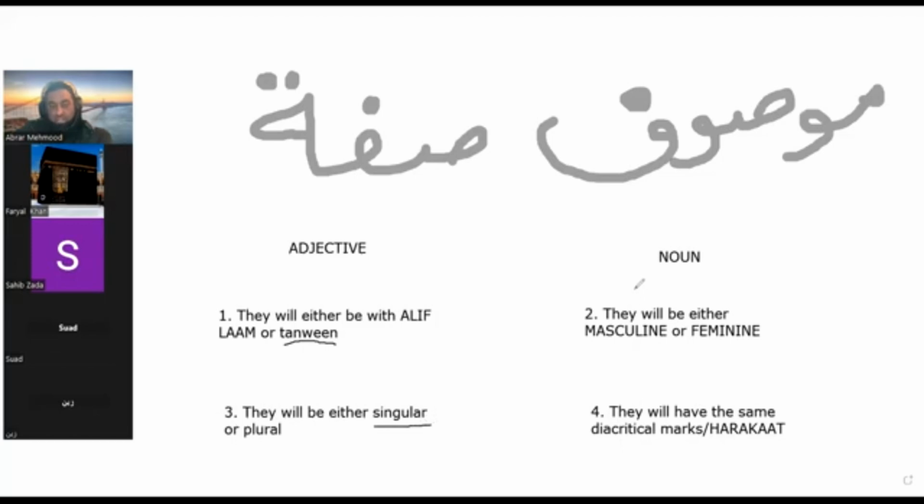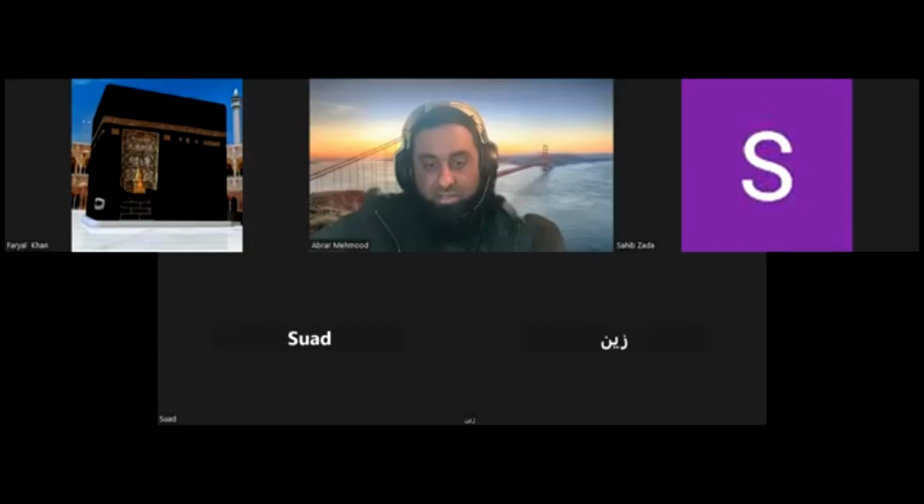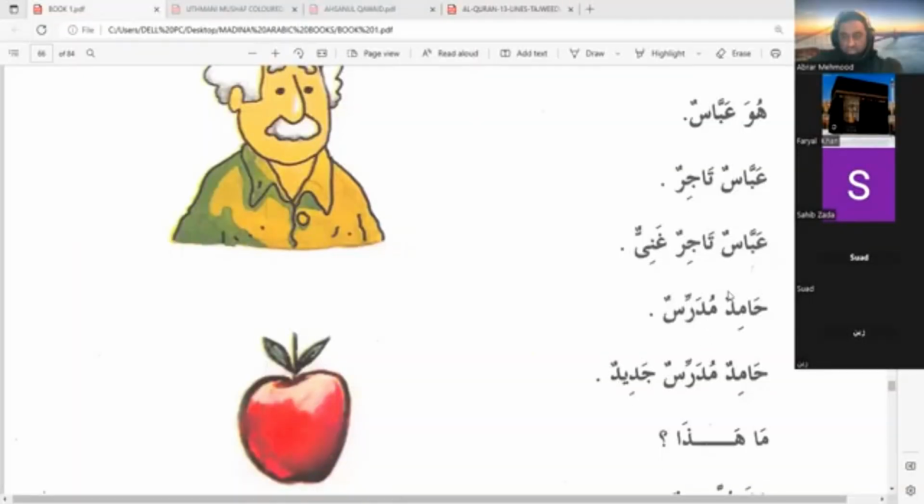They were both masculine, which is what we discussed. They both have double rafa. They had the same harakat. Okay. There we go. Right, we'll do the next one. Inshallah. I'll take this nice and slowly. If anyone doesn't understand, please feel free to ask questions. Okay. Right. We're coming to the next one.